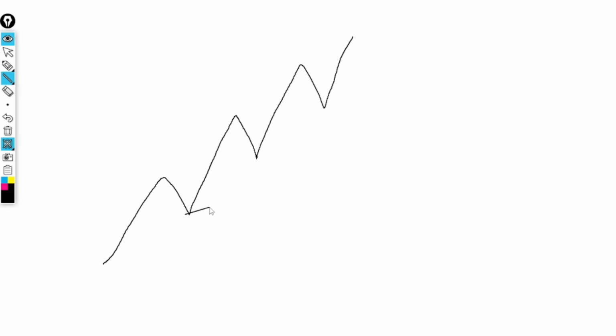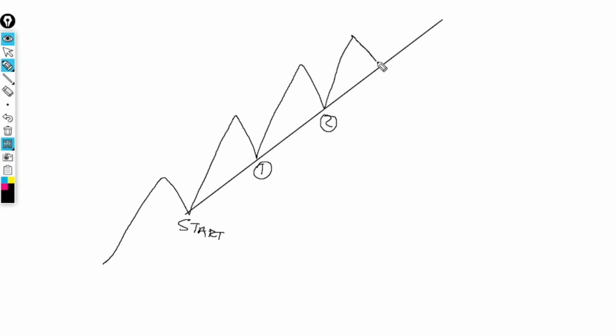And then I want to connect only the lower highs. If I connect 1, 2 from the first point, which means our trend line will need 3 points for it to be valid, right? So we start from here. This is the start. We want to connect 1, connect 2, and then we want to wait for the market to come back on the third touch here.